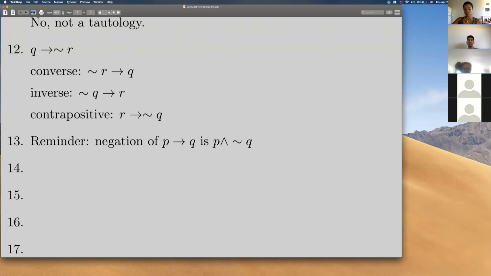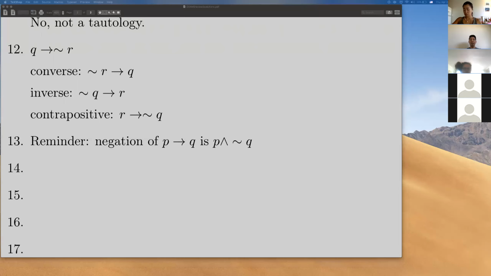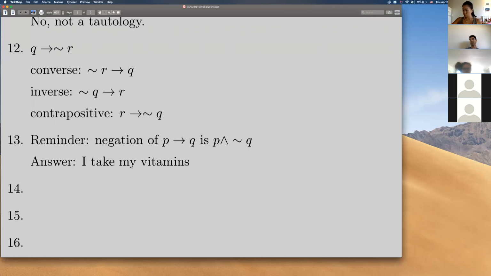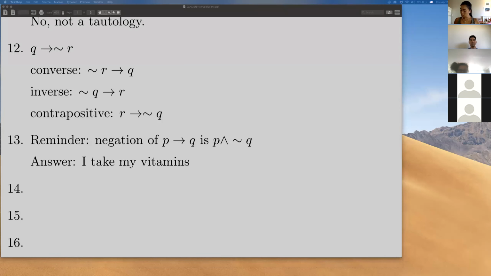In this case, we have an if-then statement. The left side is I take my vitamins, so it's going to start like that. The original is P to not Q, right? So the result of the negation is going to be P and Q. So I take my vitamins and I do get sick.